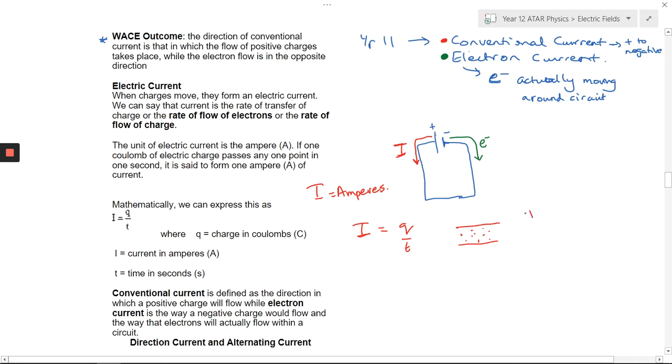So the current is proportional to the number of charges flowing through per unit time. It's equal to the rate of flow of electrons or charges, and in our case for a circuit, it's going to be electrons.